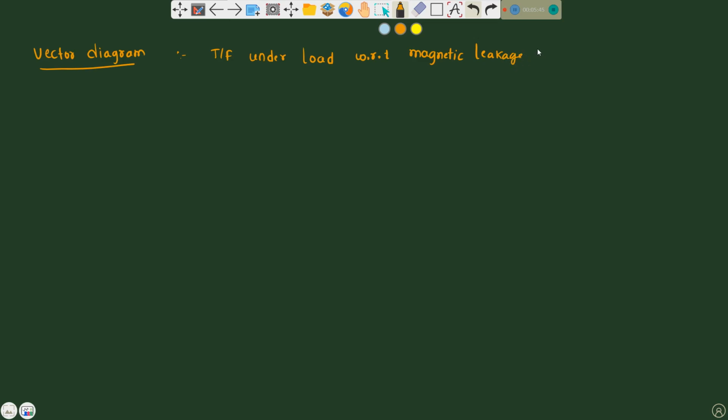So as usual we are going to take this main field flux as a reference. Here it will be the magnetizing component of no load current.